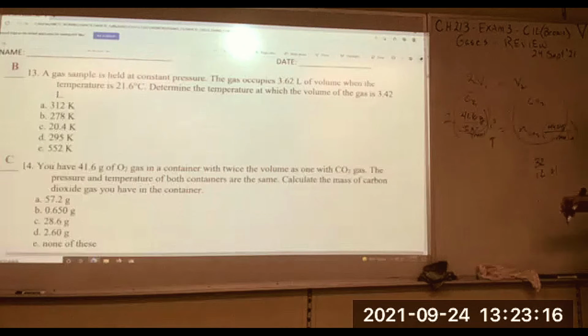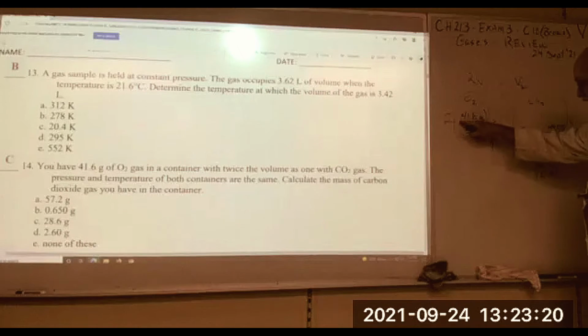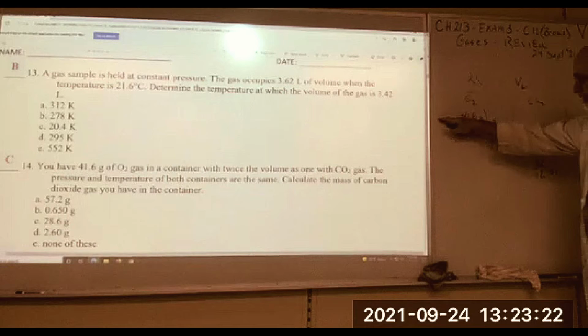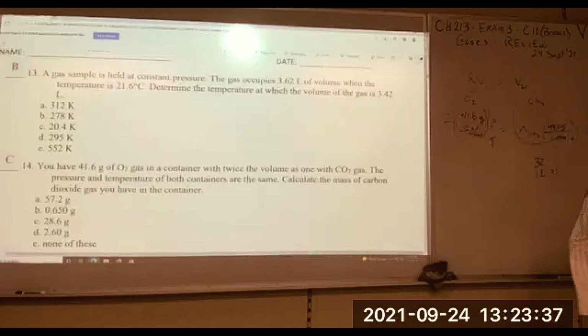There you go. So this tells you how many moles of oxygen. This tells you how many moles of carbon dioxide. And then you take that number, multiply it by this, and you get your answer. Okay? Is that a mystery? Or does it seem reasonable? Could you do that on your own? That's the question.